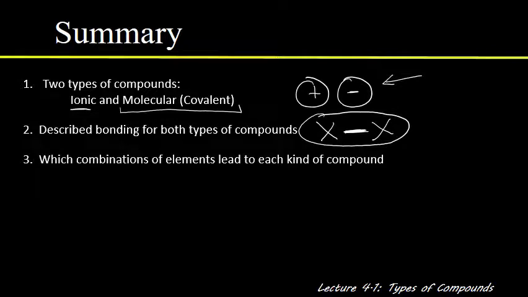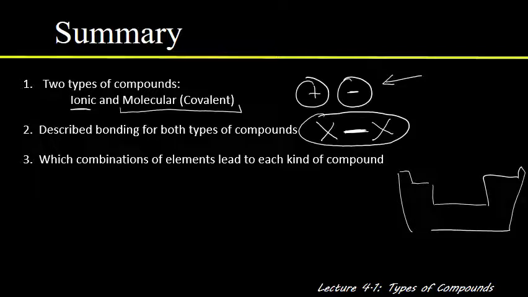All right. So we looked at the bonding for each of those, which I just mentioned a minute ago. We talked about how to determine based on the periodic table which kind of elements are likely to form ionic compounds and which things are going to form molecular compounds.